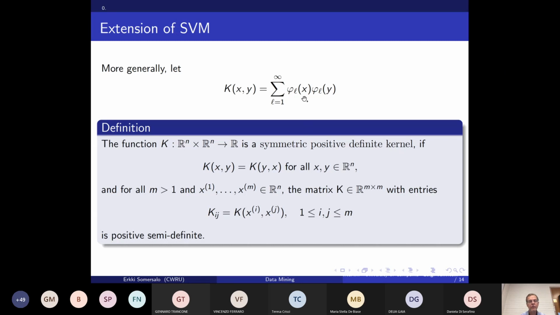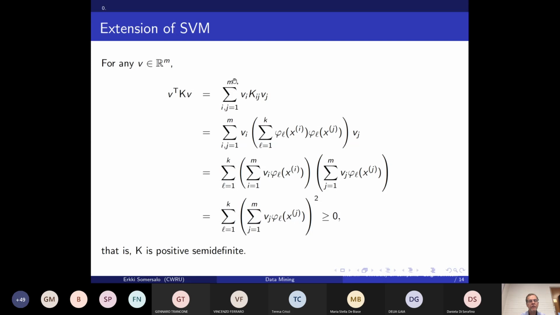So what is the proof? Let's go back here. If my m is infinite here, nothing changes because in those sums in parentheses, my i runs from 1 to infinity and j runs from 1 to infinity. The only thing that I need to be sure of is that this infinite sum is convergent.